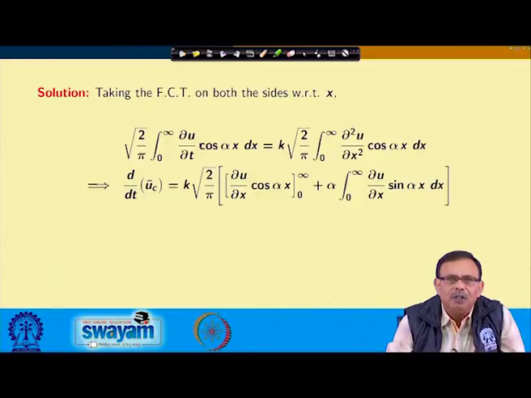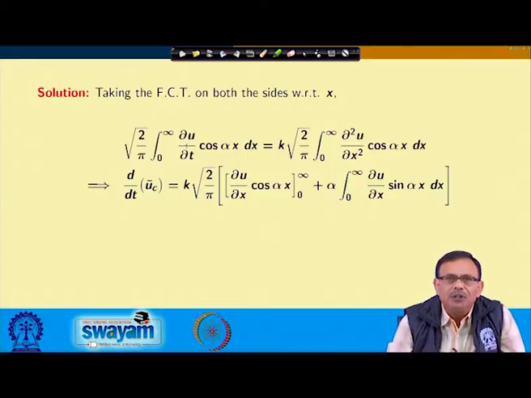It becomes d by dt of root over 2 by pi, 0 to infinity, u cos of alpha x dx, and this integral is nothing but the cosine transform of u.